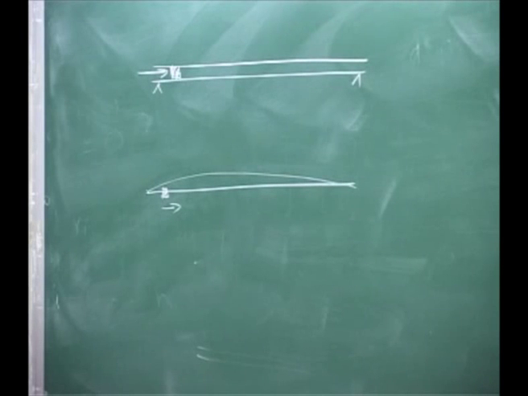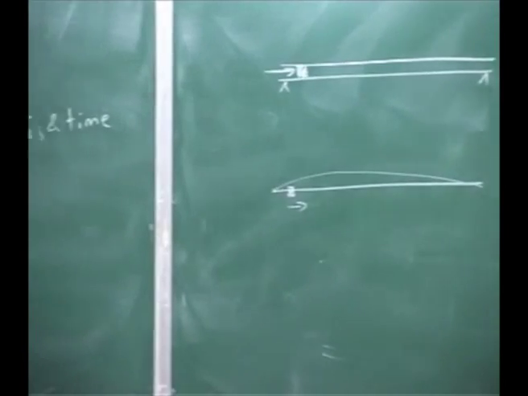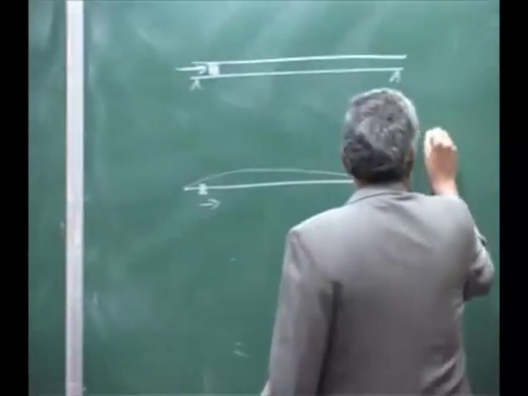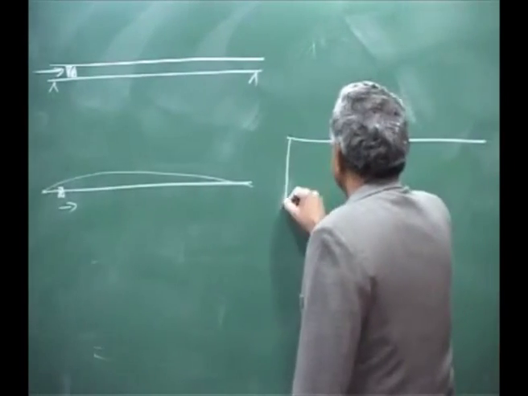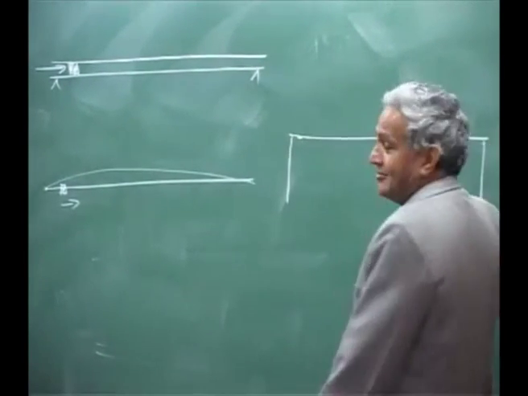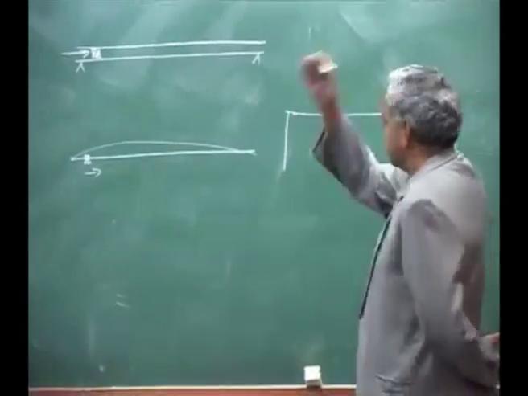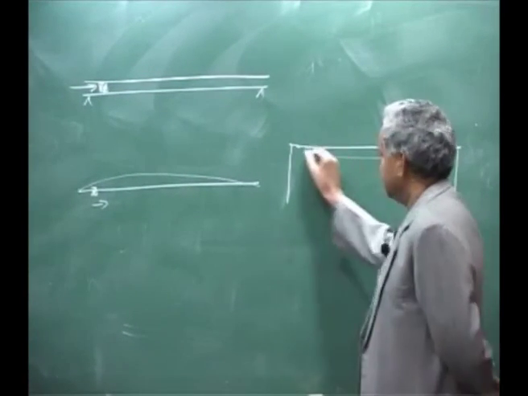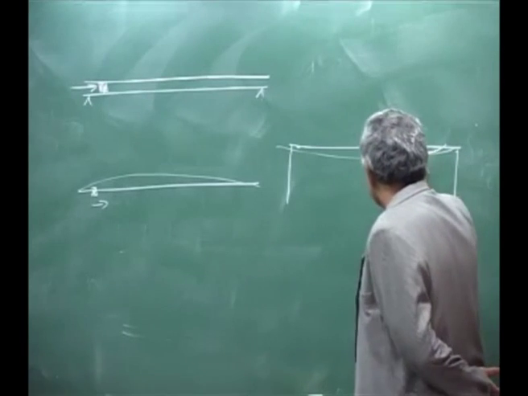Like if you take a bridge, you have a pillar, and this is a railway track. On the railway track, some mass is going. That means what will happen? This bridge will bend, and it is going down.